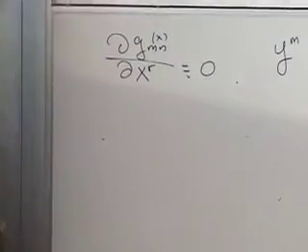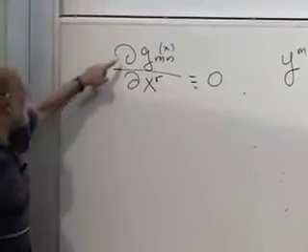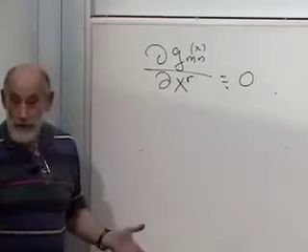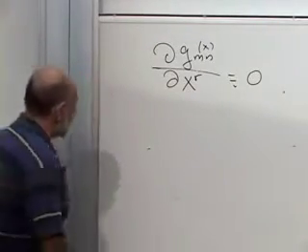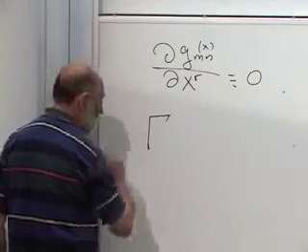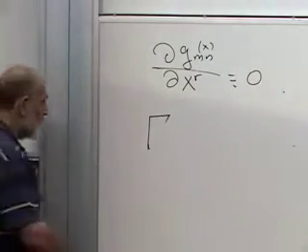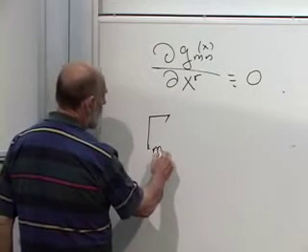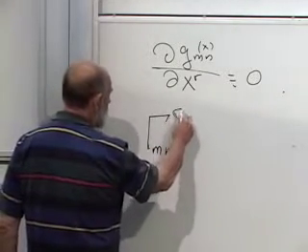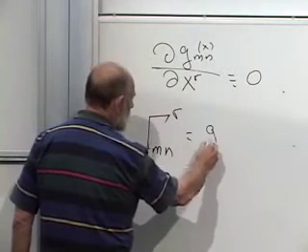All right, there are various things we can say. First of all, the derivative of gmn with respect to x is equal to 0 at that point. But we can say a little bit more. We can also say that the Christoffel symbols at that point are equal to 0. Why? Because the Christoffel symbols, what are those? Let me write them down for you again.